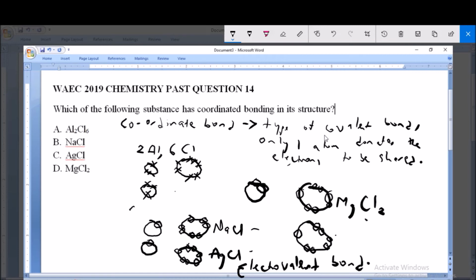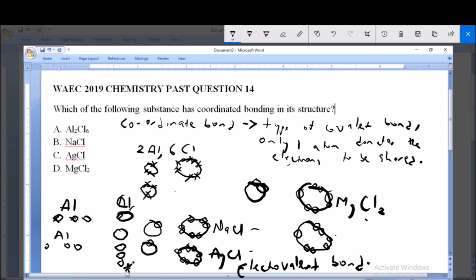So, for example, each aluminium atom has 3 valence electrons, 1, 2, 3. Then another aluminium with 1, 2, 3. Those 3, and you have 6 chlorine atoms to receive electrons. So they will be shared, and all will come from the 2 aluminium atoms.